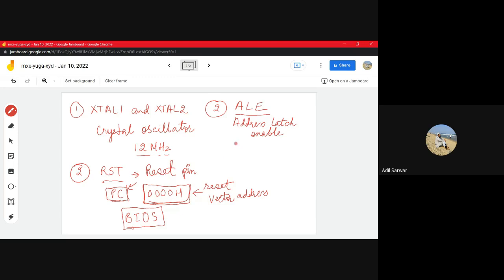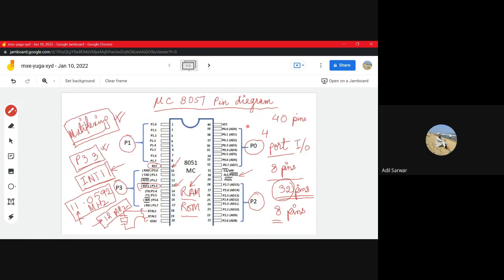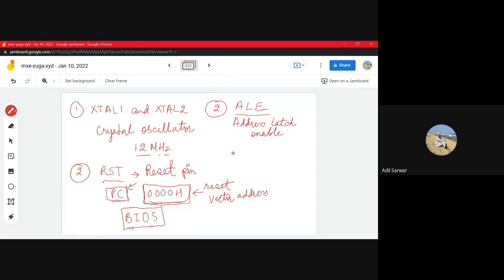Just see the pin diagram once again. You could see we have pins of port 0, which are referred to as AD0, AD1, up to AD7. And then we have pins in port 2, which start from AD8 to AD15.